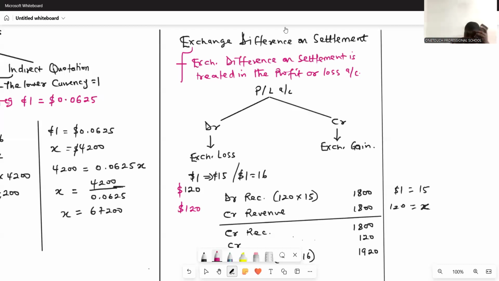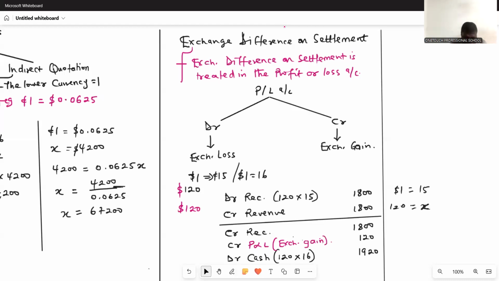So once the difference goes to the credit side of the P&L, then we say it's an exchange gain. Did you get it?